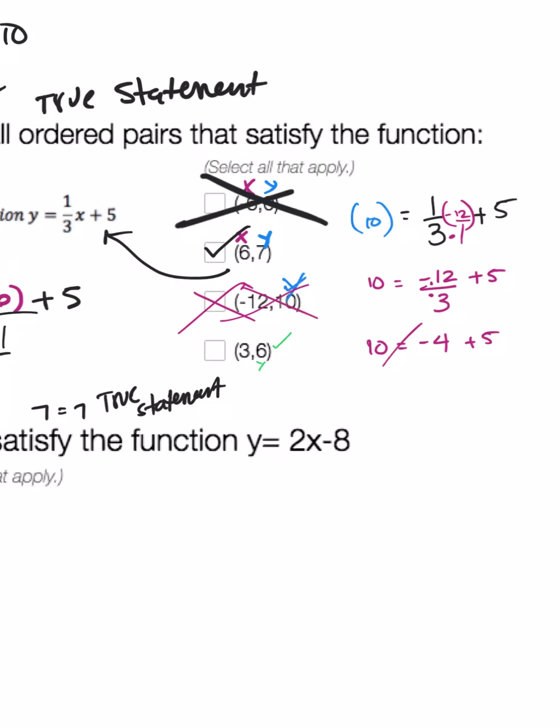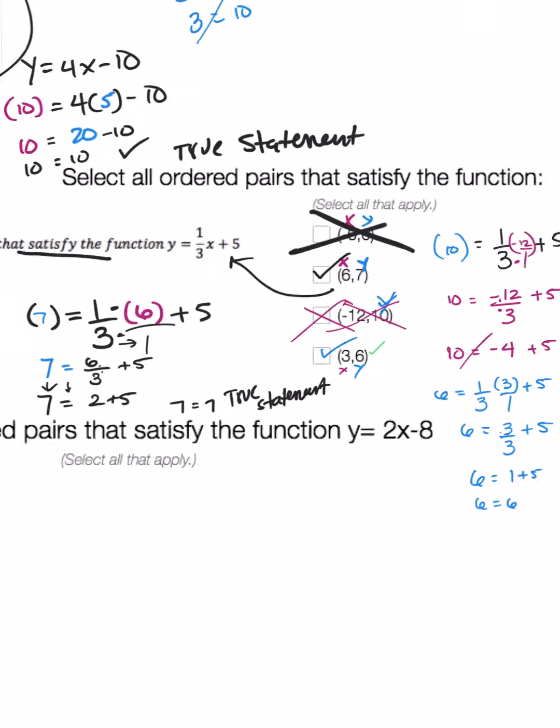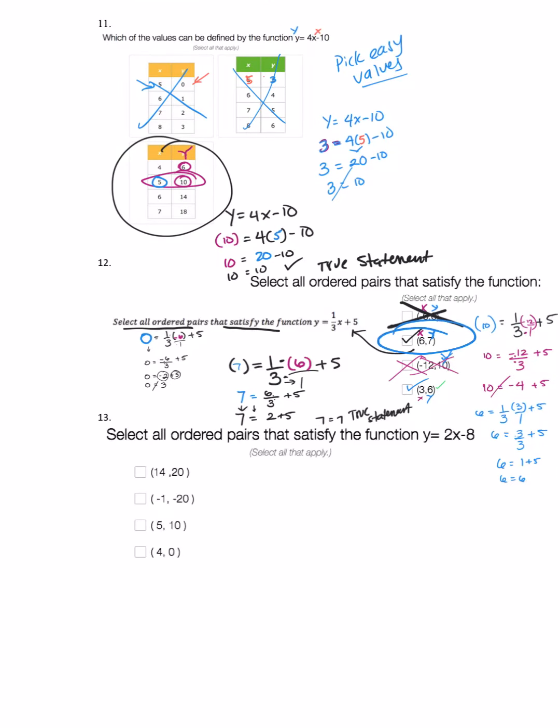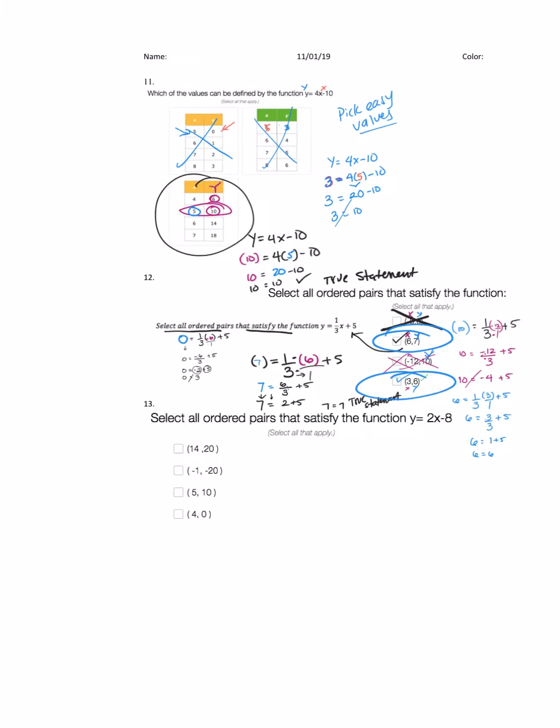So this is y. That's x. So here we go. 6 equals 1 over 3 times what? 3 plus 5 over 1. 6 equals 3 over 3 plus 5. 6 equals 1 plus 5 because 3 divided by 3 is 1. And 6 equals 6. Yep. So this is a solution and that's a solution.